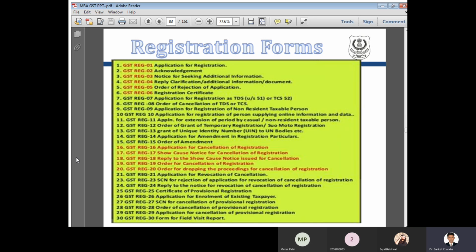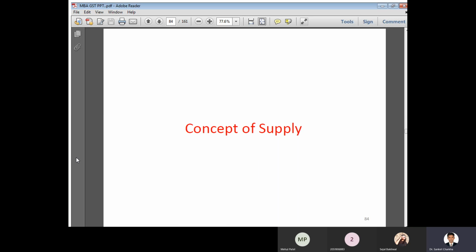So in this way different types of forms are made available, and each and every trader, depending on his size of business, scale of business, business vertical and business cycle, has to comply with all the formalities, and the forms have to be submitted before the specific deadline. If a particular person is not submitting within the deadline, then the government may cancel your registration. Accordingly it may be revoked either by the state or the central authorities.